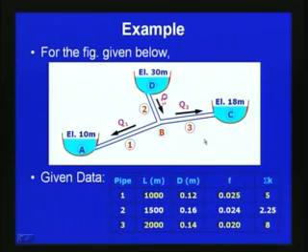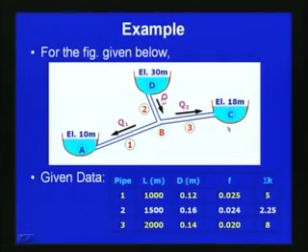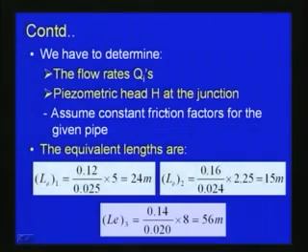Also assume constant friction factors for the given pipes. So, to solve such a system, we have already discussed a very similar system, and now the various numerical values are given for it.